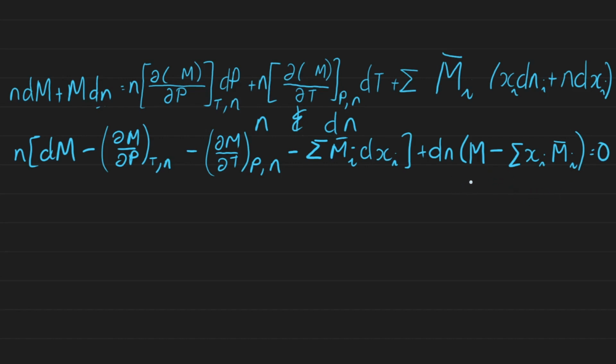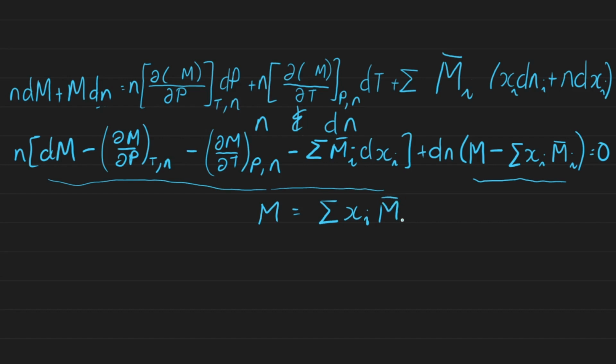Firstly, we see that the terms in brackets, which is that and all of this, they both have to equal 0 because this entire equation is equal to 0. So let's start with this one. What we're saying is that m is equal to the sum of xi times m bar i. So what is this telling us?